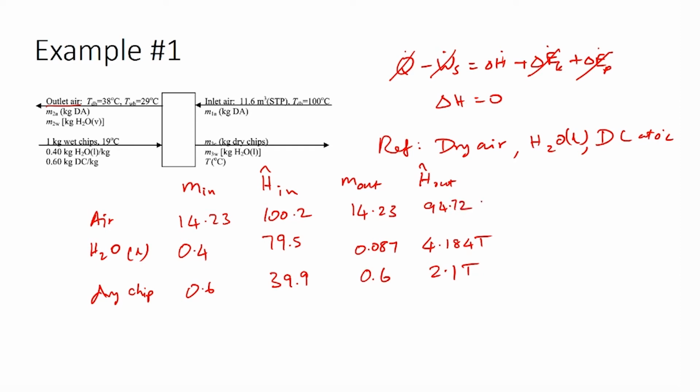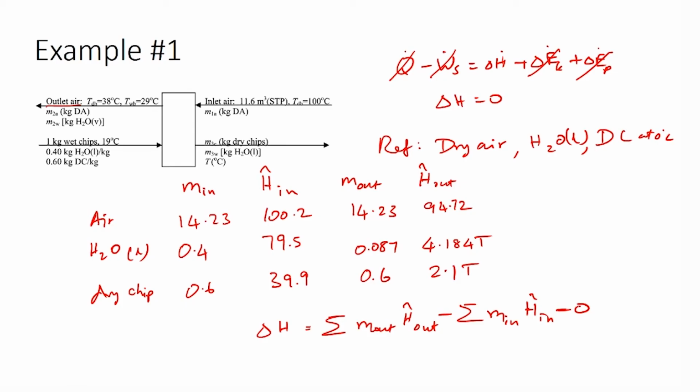94.72. Now that we have completed this table, we can actually calculate delta H as basically sigma of m out H cap out minus sigma of m in H cap in, and this value is equal to 0.